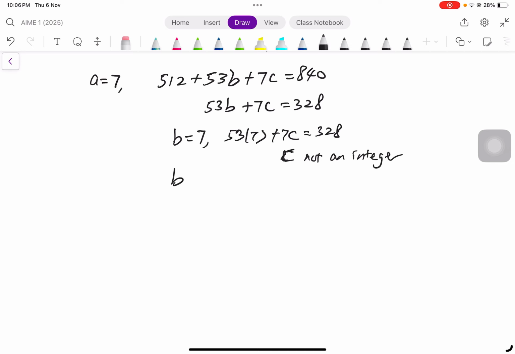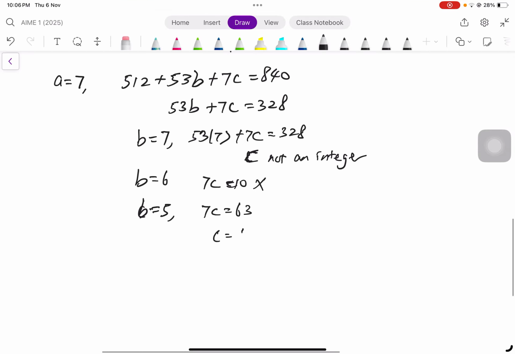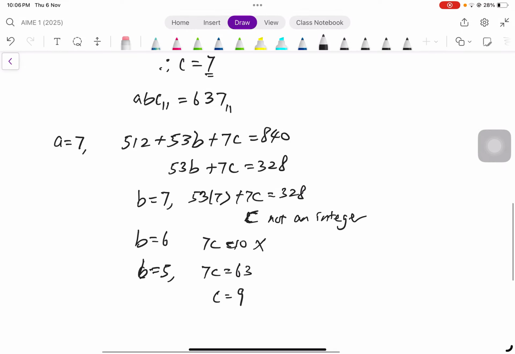If we take b equal to 6, again you end up with 7c equal to 10, which is not an integer. If b is equal to 5, then you end up with 7c equal to 63, and c is actually equal to 9.